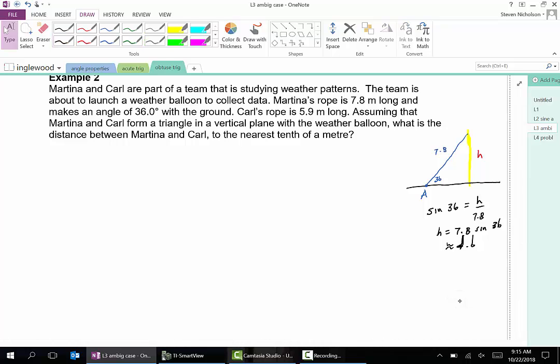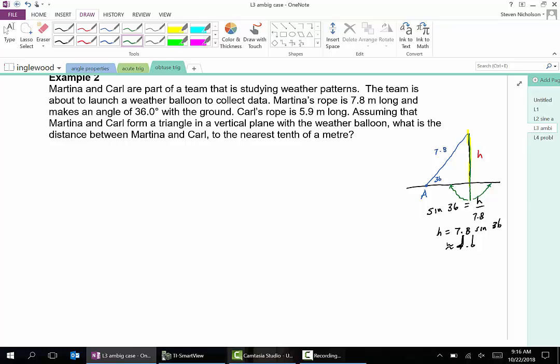Saying that Carl's rope, I'll do it in green now, is greater than 4.6, it's actually 5.9 meters long. If we imagine the ground, Carl's rope would go in the ground. But what we could always imagine, just like I had you do earlier, is imagine swinging it this way and imagine you swing it that way. And when we do that, what I hope you see is there are two possible triangles. So right there, we know the answer, and hopefully pictorially, we know why there are two triangles.